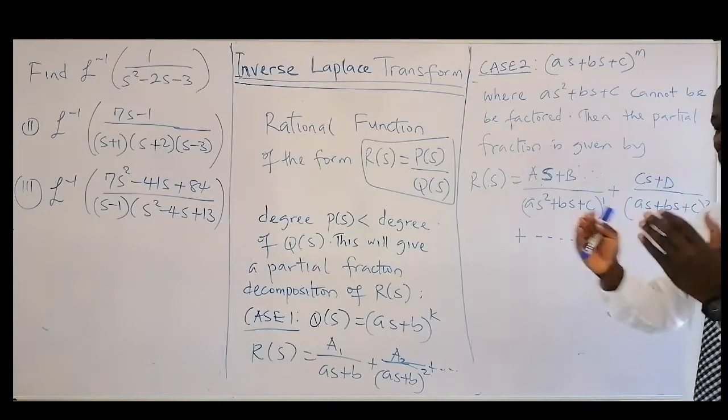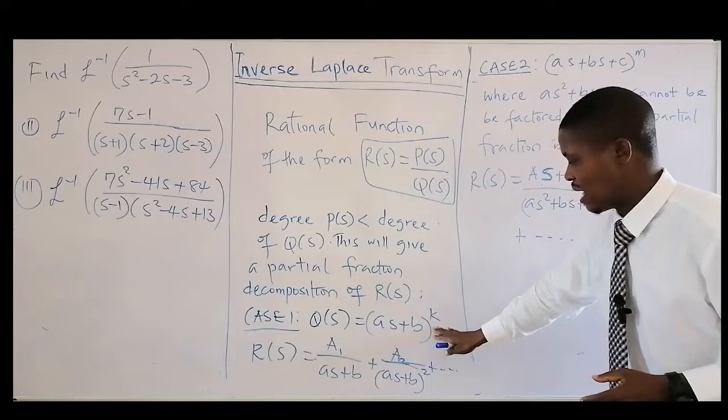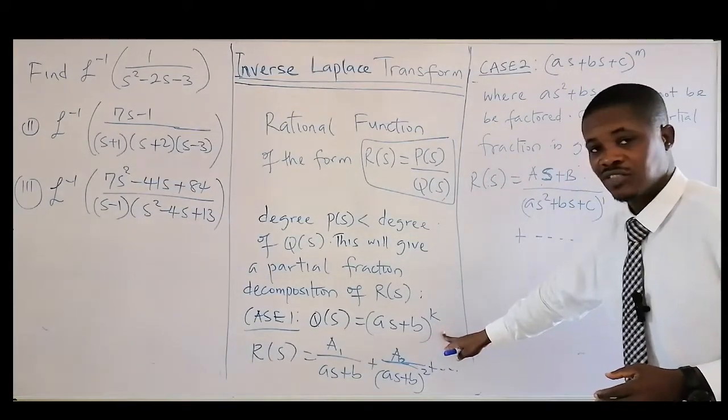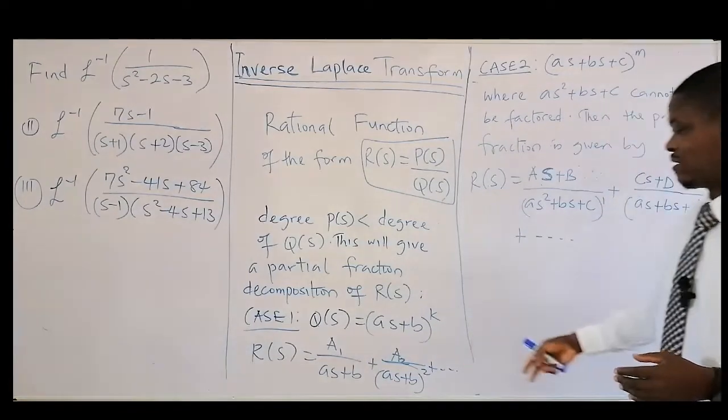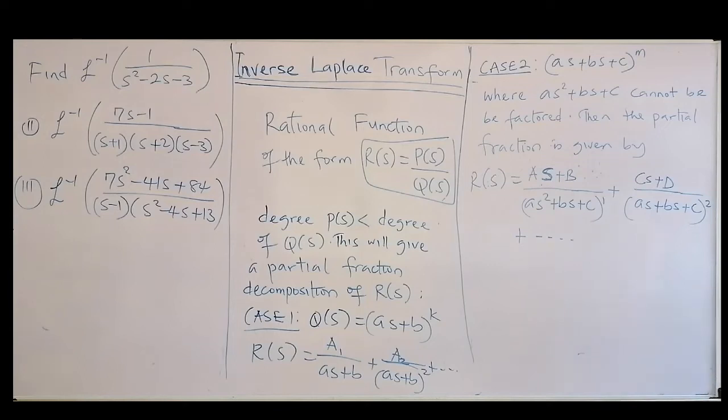This can give us two cases. I want to look at case one. Case one is when you have a repeated linear factor, your q of x is a repeated linear factor. In that case it will give you this decomposition that we have there.